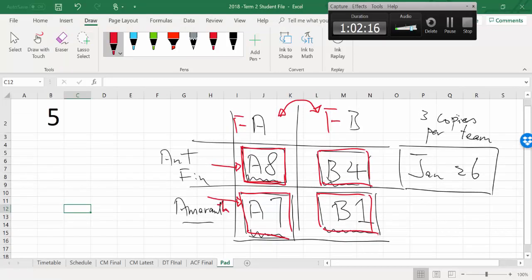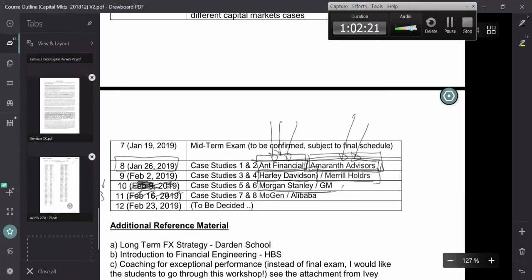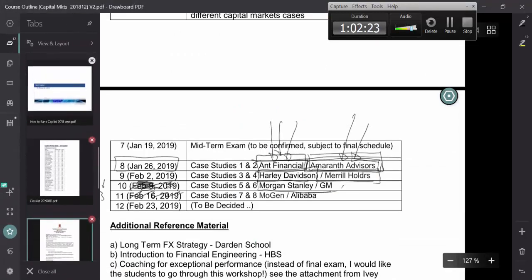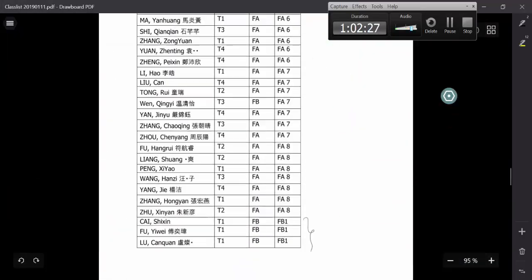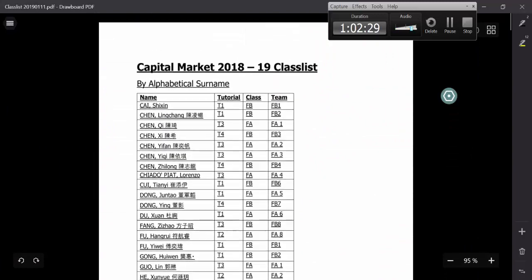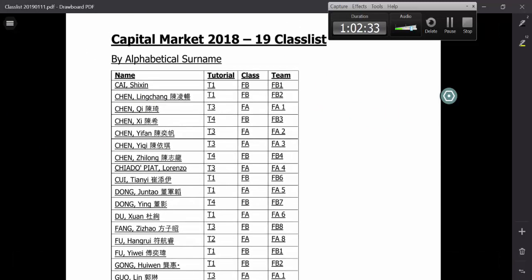One final thing, all right, which I guess I must tell you. If you go to Blackboard right now, I mean, don't do that, but if you do, there is a document listing your name, your tutorial, which hasn't changed, your class, and the team that you belong to. Now, I'm sorry this document has been changing every day, sometimes 2 times a day, but never mind.